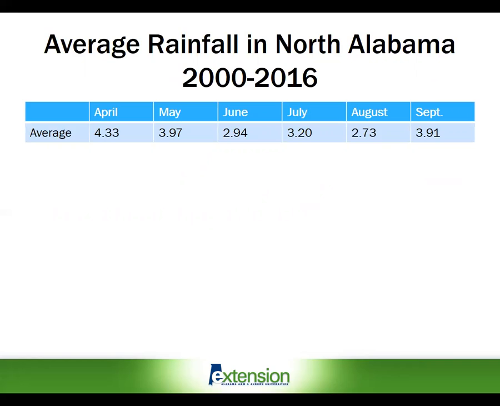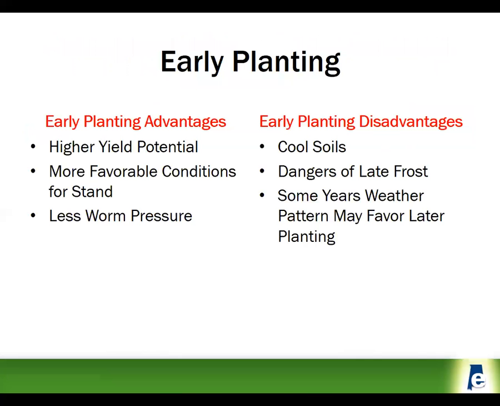So you're going to have just as much chance of getting a favorable weather pattern planting in mid-April as you are mid-May. That doesn't mean that some years the weather pattern may not favor the later planting. I'm just saying that you're going to have equal chance. So if you have an equal chance, you're going to have higher yield potential.